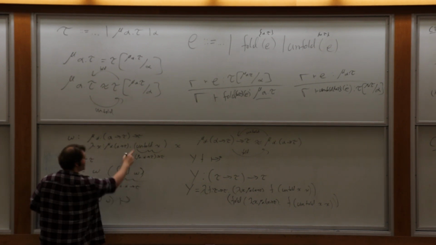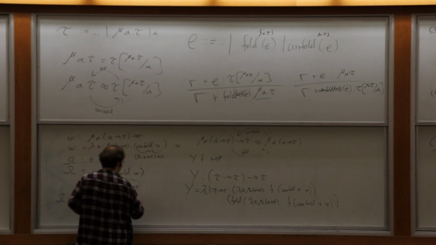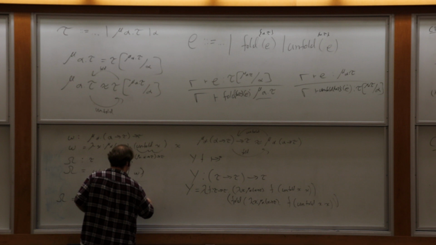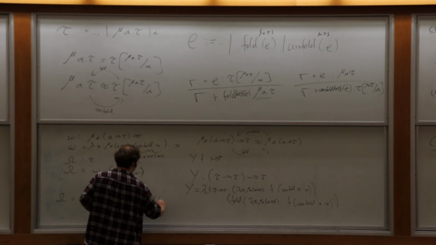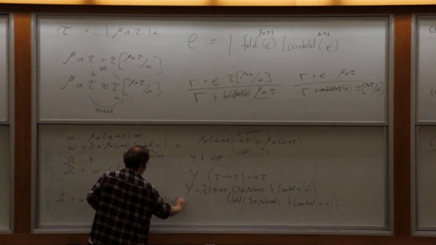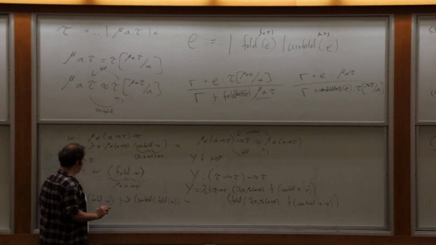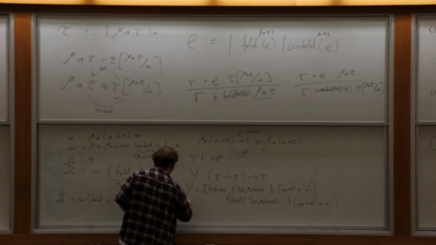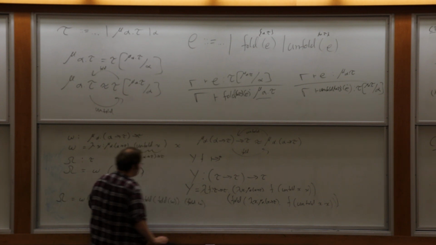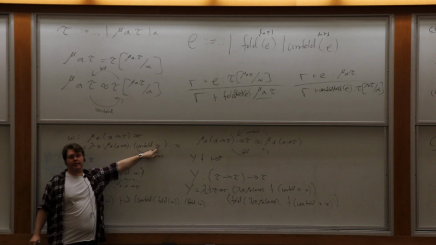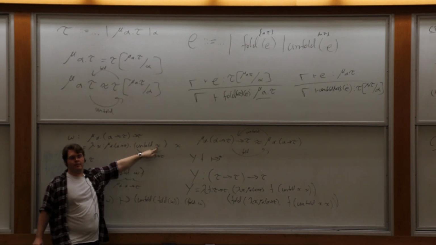That takes a step to unfold a fold of little omega applied to fold of little omega. Why is that? Well, I just plugged in fold of omega for x. That's all I did there.